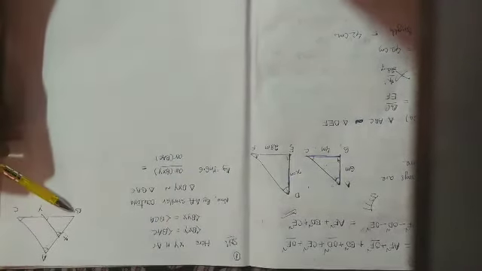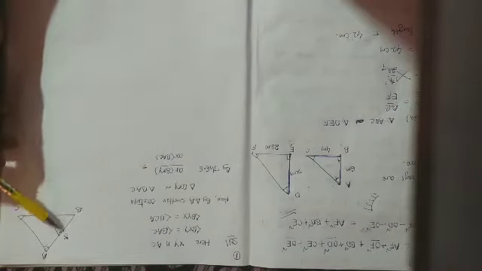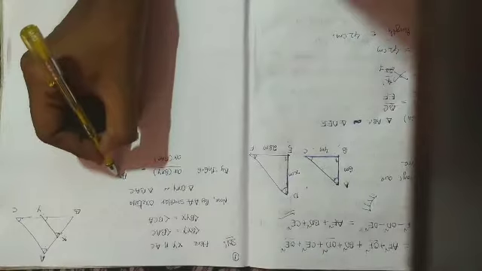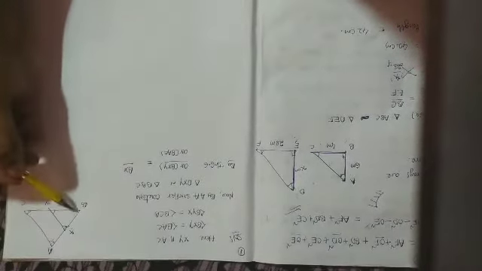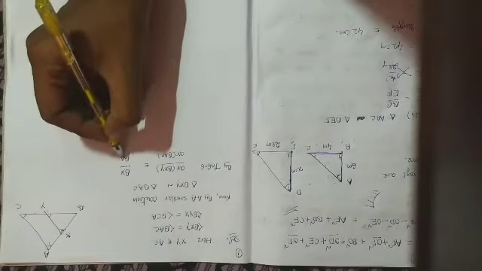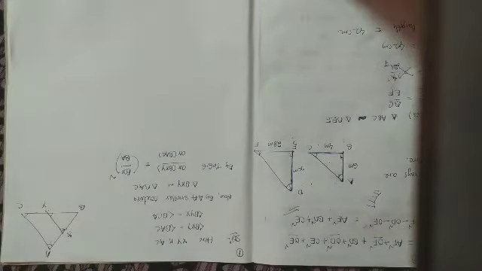I take one side BX, the corresponding side is BA. So BX by BA whole square. That is the statement of theorem number 6.6.